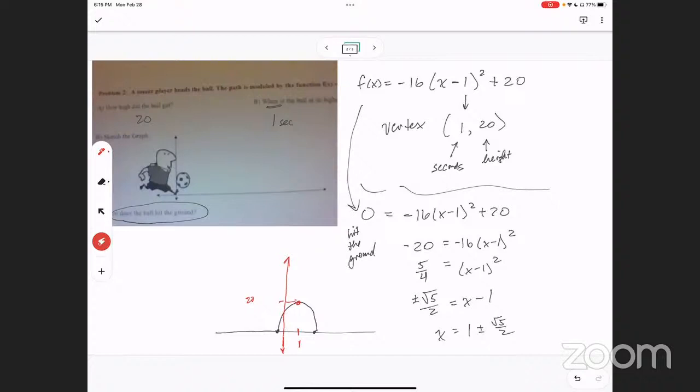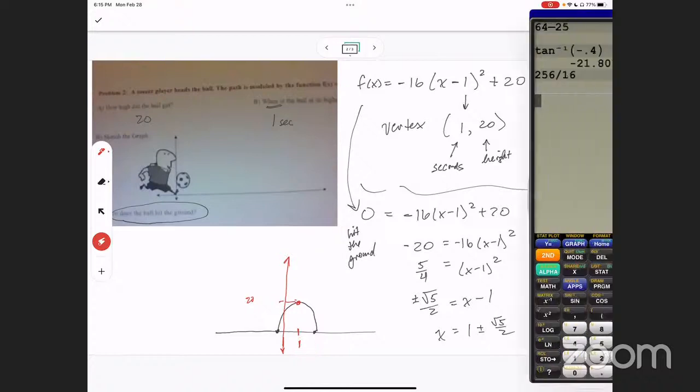That makes sense? Yeah. So the total distance that it went is 1 plus the square root of 5 over 2.